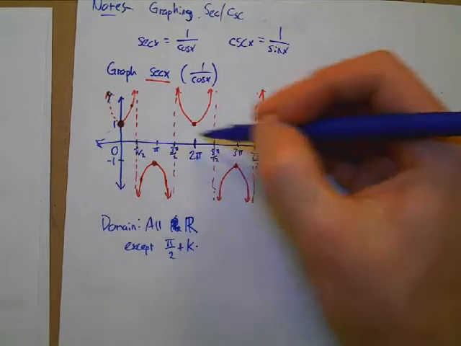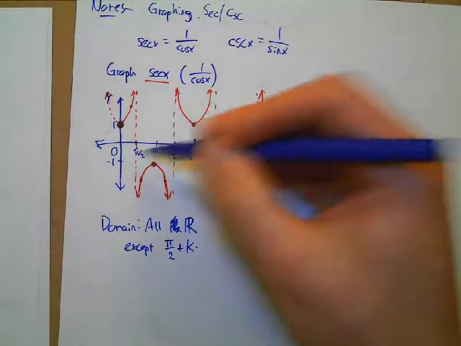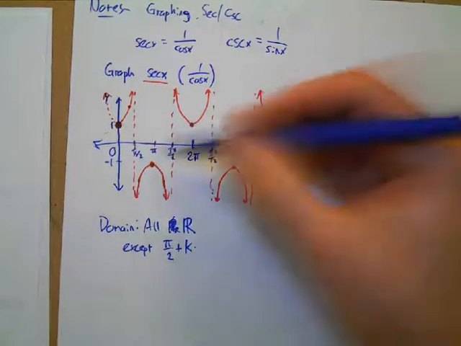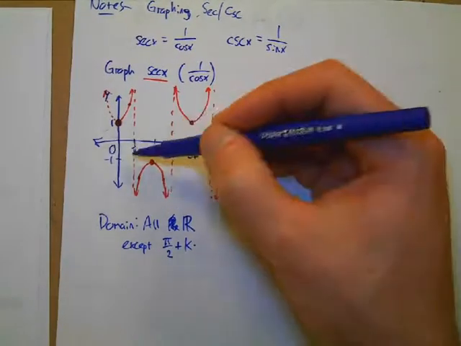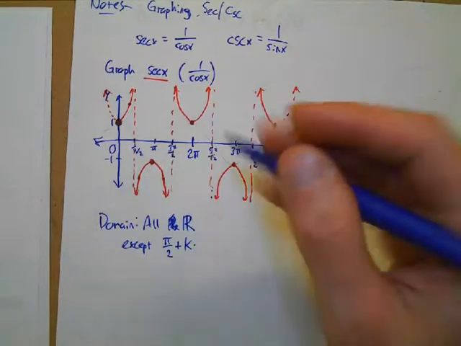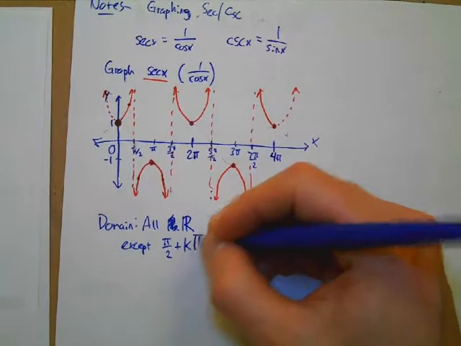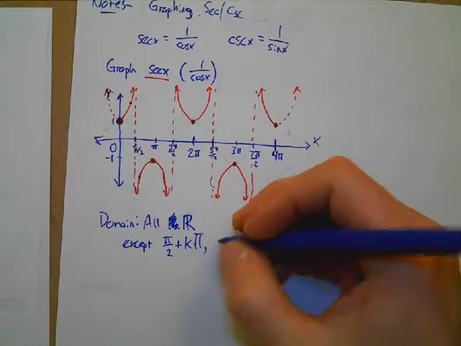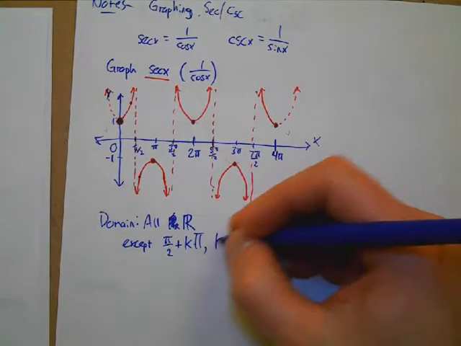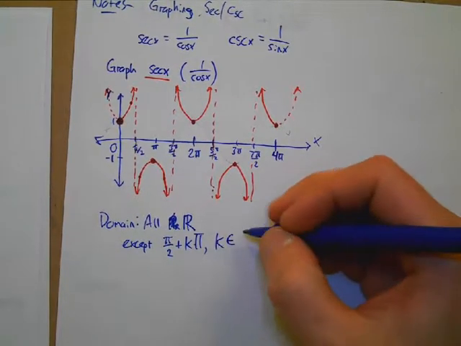Likewise, I could subtract pi. So we're going to add integer multiples of pi. I'm going to put plus k pi, comma, and specify that k is an element, that's what that symbol means, an element of the integers. And for integers, you use a capital Z, but with 2 bars in the middle.